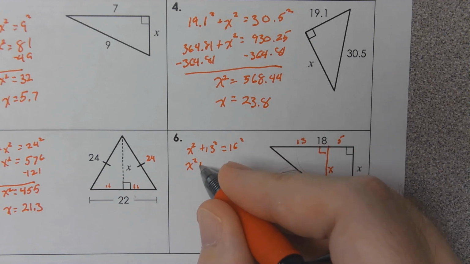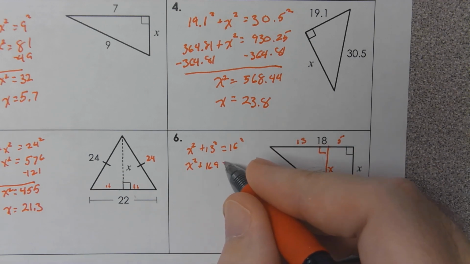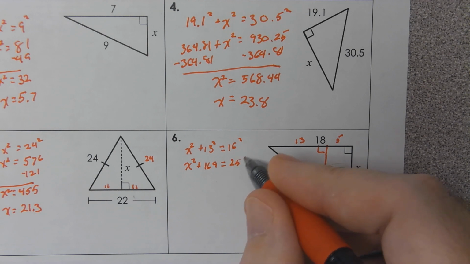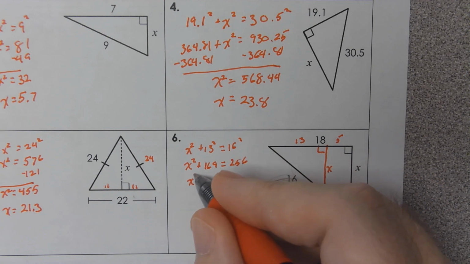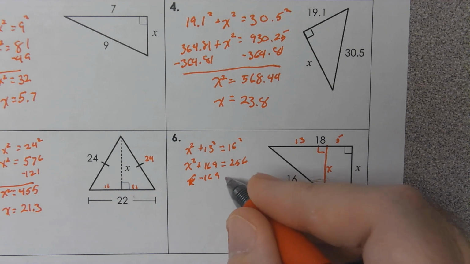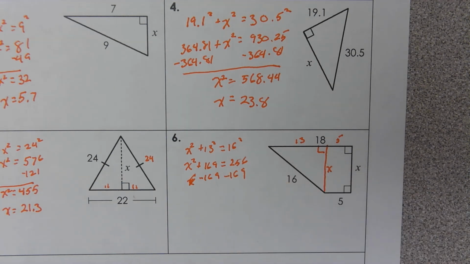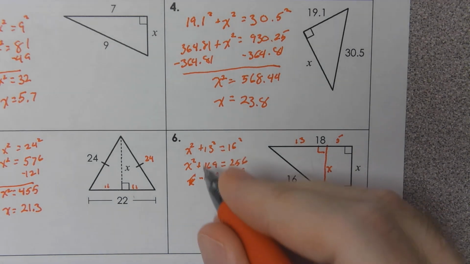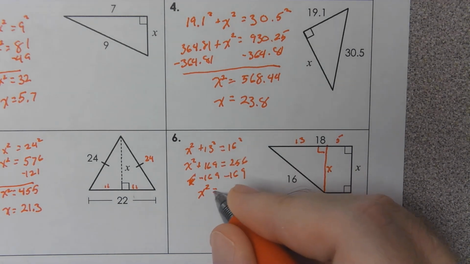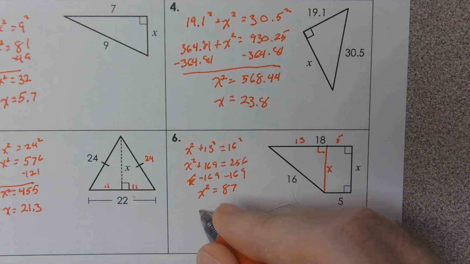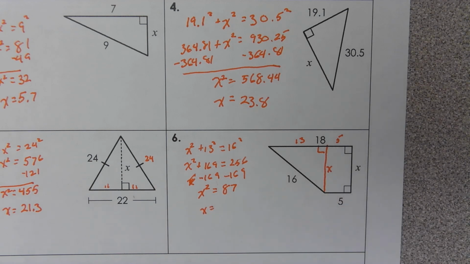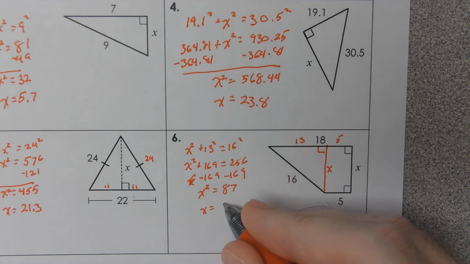So x squared plus 169 equals 256. Oops, minus 169. 256 minus 169, that's 87. X squared equals 87. And so x to the nearest tenth is 9.3.